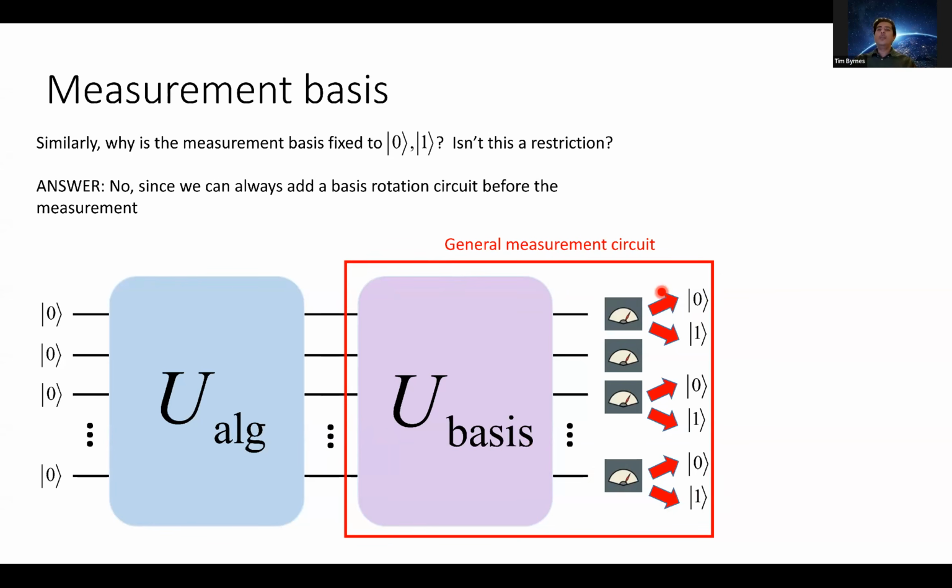So we don't have to think of the measurement itself being in a different basis. We can just combine it with the regular 0, 1 measurement, and apply a unitary just before we do that.